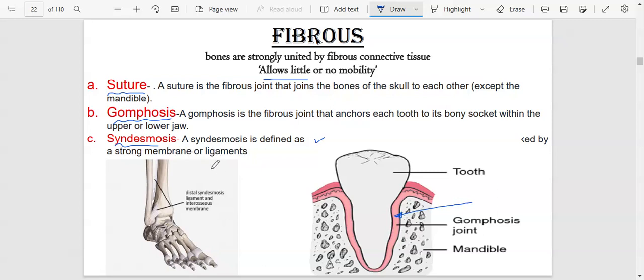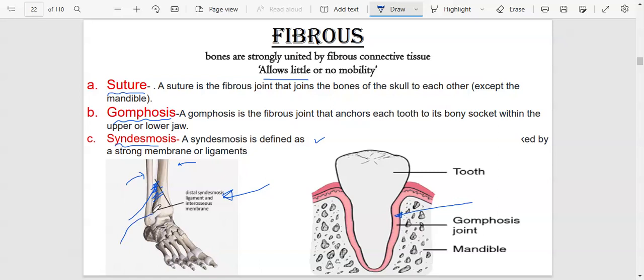So examples you can talk about is between ulna and radius, like these two bones, the ulna and the radius. Okay, I think this is the one here, which is a syndesmosis, of course. You have got the ulna and the radius, these two bones. You can see we have got these ligaments which are here. So these tissues are going to connect these two bones, forming that joint.